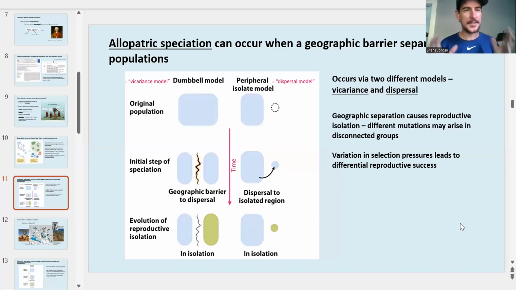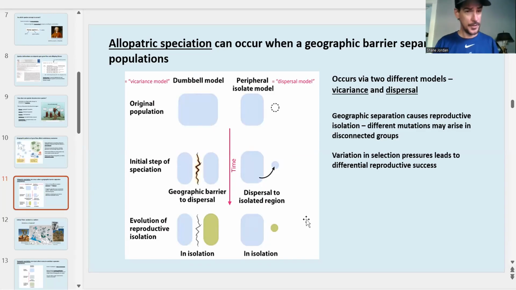So this is one of the classic ways by which many species have diversified, or many taxonomic lineages have diversified. For example, in California, we have a very diverse flora, a very diverse composition of plants that we have in our state, and a lot of them probably did diversify via this vicariance model.